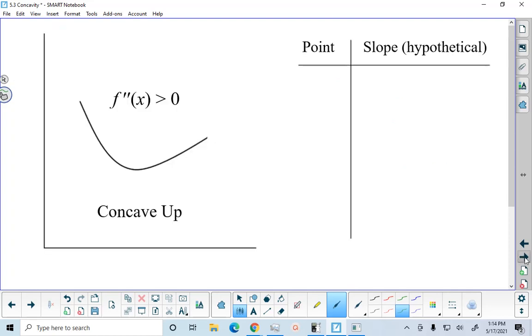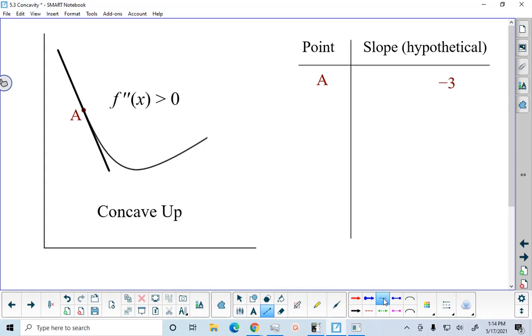If I take a look at a number of points on this function that I've drawn, just take point A. I hope you would agree that if I looked at the slope of the tangent there, I wouldn't be out of line by saying the slope of the tangent is -3. These are just hypothetical values, but I hope you would agree that that tangent line could have a value of -3. If I take a look at a point next to it, it still has a negative slope, but it's not as severe.